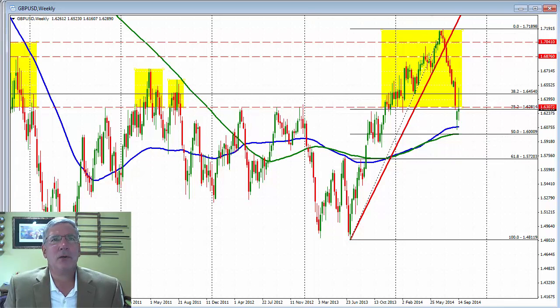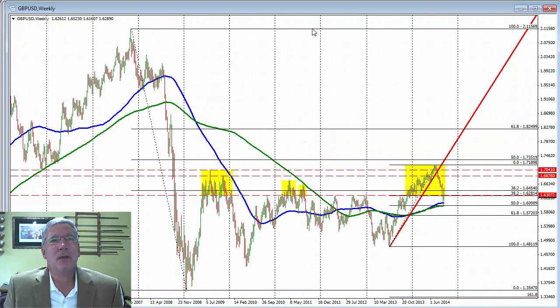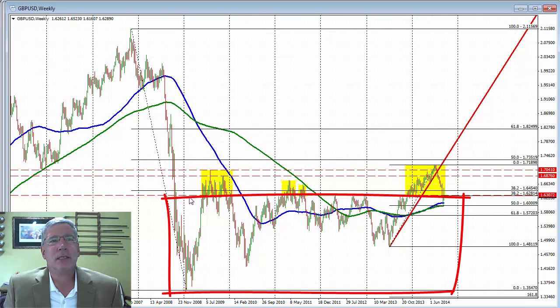But what I want to do is look at these yellow areas right here. These yellow areas are aberrations, if you will, of what has happened over the last six years. Over the last six years, most of the time, the pound sterling has been below these yellow areas.